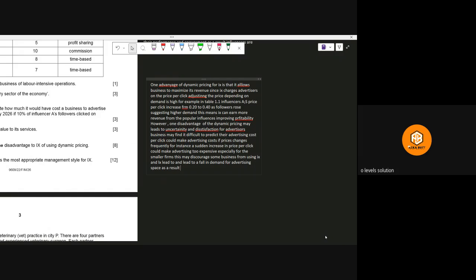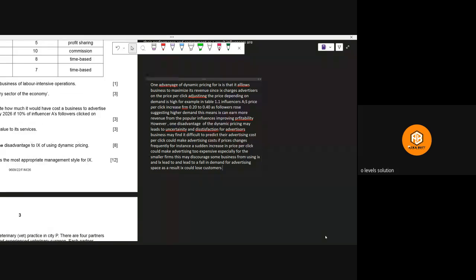Okay. So as a result, IX could lose customers because definitely if I'm changing the price per click every month, the businesses who are taking these services, advertising their products on my social media application, will find it difficult to predict their advertising cost because it is changing too quickly.